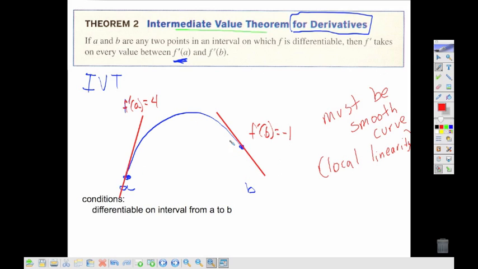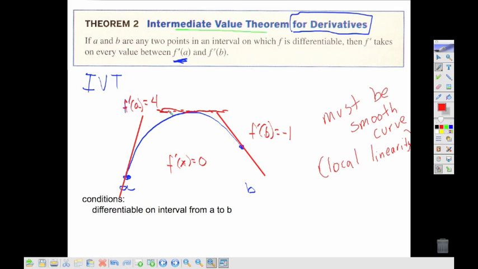So if I wonder, is there somewhere on that curve where I have a derivative of 0? Well, since it has to be a smooth curve and I have to take on all values from 4 to -1, and 0 is between 4 and -1, I know that somewhere in this interval from A to B there must be a slope of 0. Now I can see that right here.